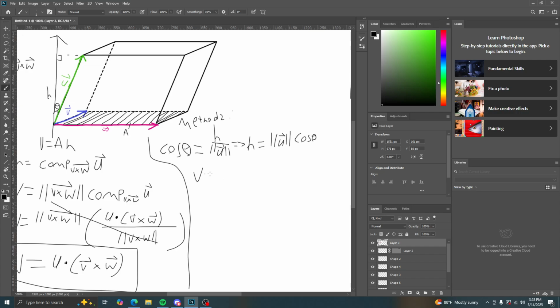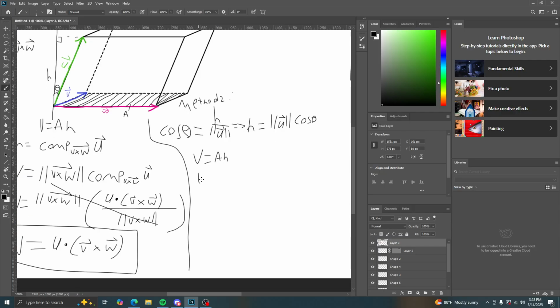So the volume equals area times height. That means the volume is going to equal the magnitude of v cross w, multiplied by the height, which is the magnitude of u times cosine theta.